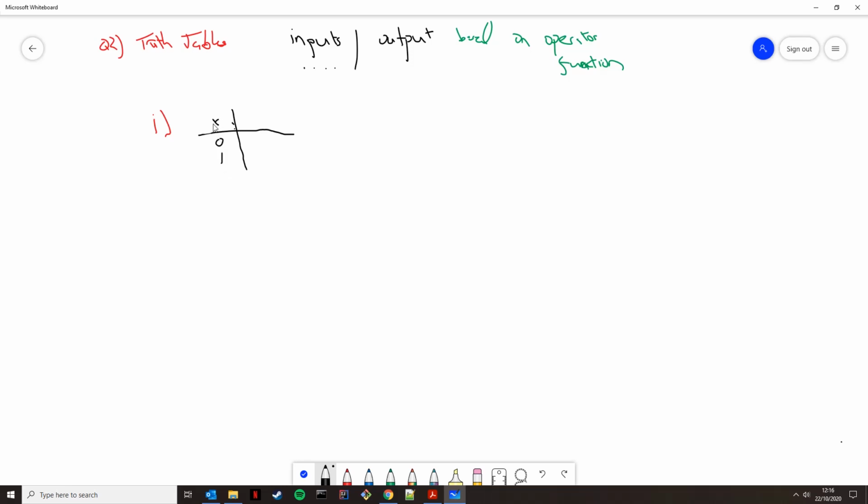So our input's going to be x. Output, if it's 0, it's going to be 0, and if it's 1, it's going to be 1. Simple as that. That's all you need to do for a single input. You just give it x. If it's false, it's false. If it's true, it's true. It's just a simple, basic Boolean.